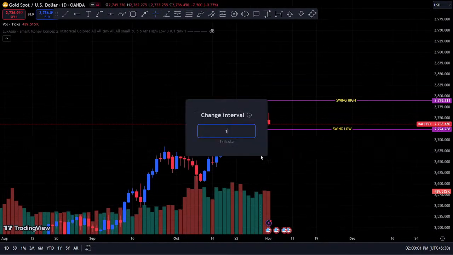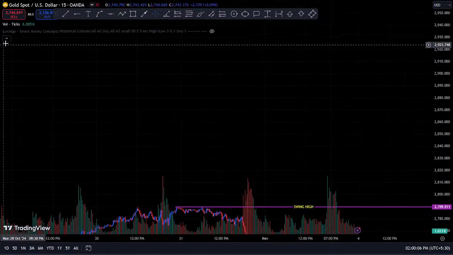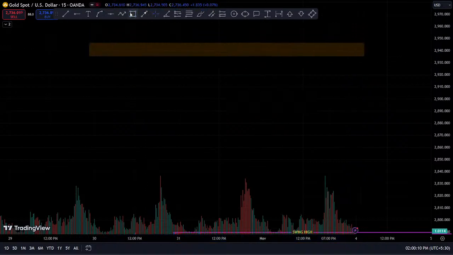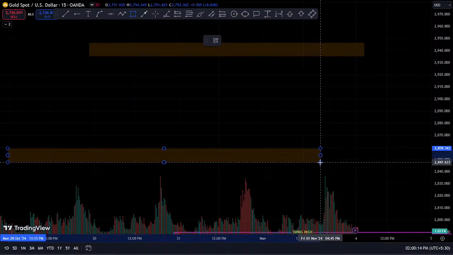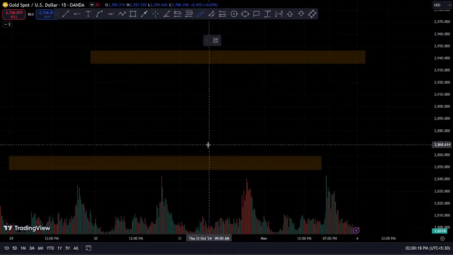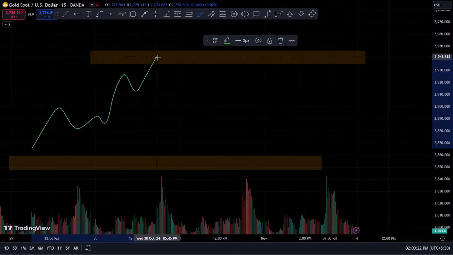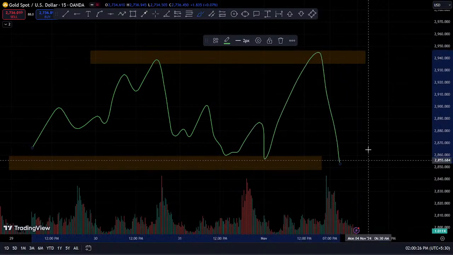Why we need this data is to find out the area where huge traffic is. Let's imagine this is a supply zone. Supply means where the most active sellers are, and this is a valid demand zone. You might see more volume here. Let's imagine the price was something like this.